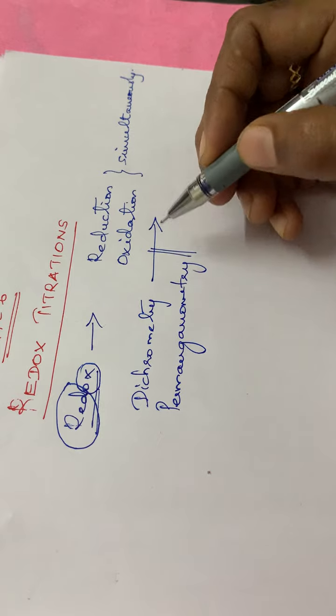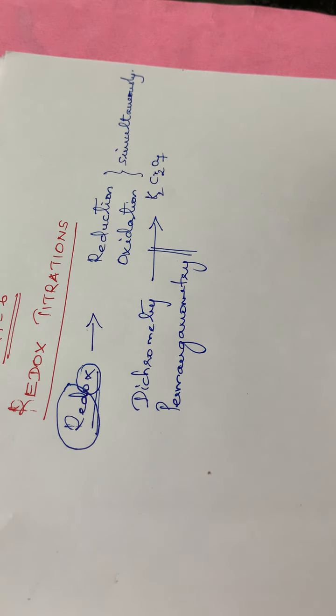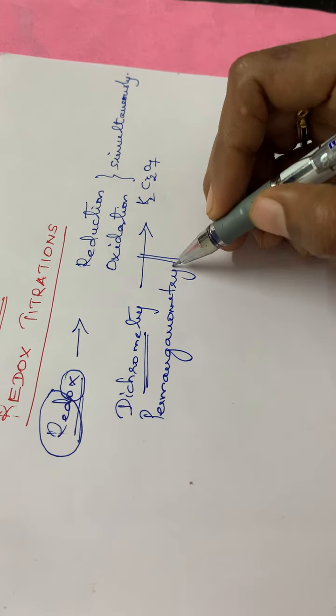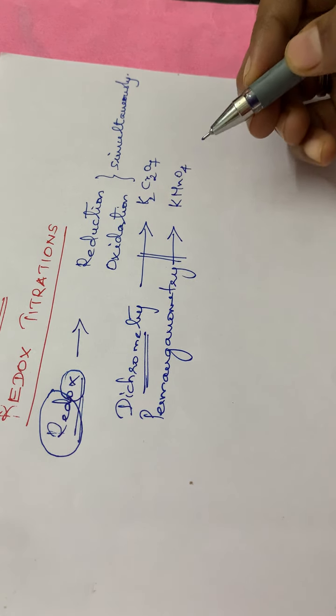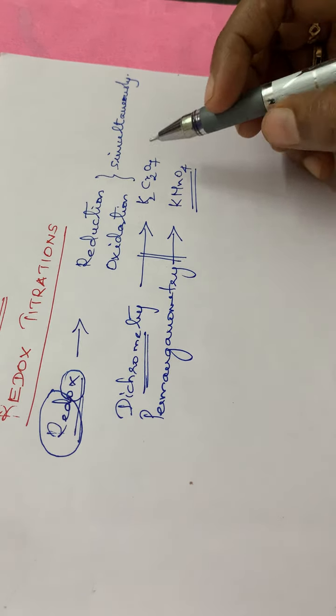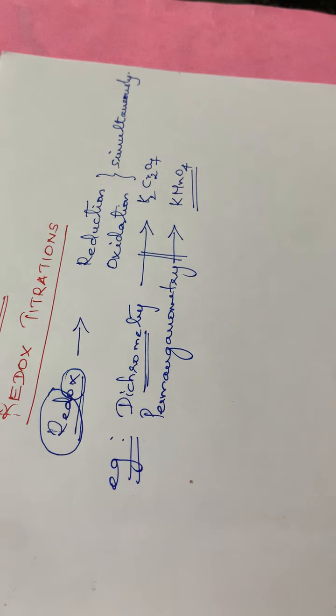Dichrometry means the titrations which are carried out using a standard potassium dichromate solution. Permanganometry means we will be using potassium permanganate, KMnO4, as the standard solution. So these are some of the examples for redox reactions.